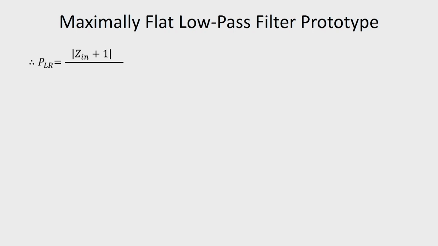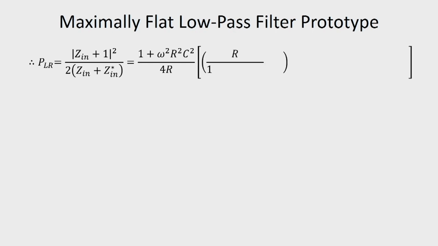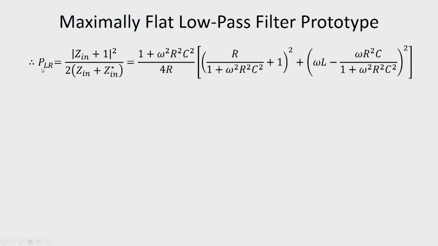So, with mod Zin plus 1 square calculated and also Zin plus Zin conjugate calculated, once we substitute these two terms, we get the expression for PLR, which is shown here.